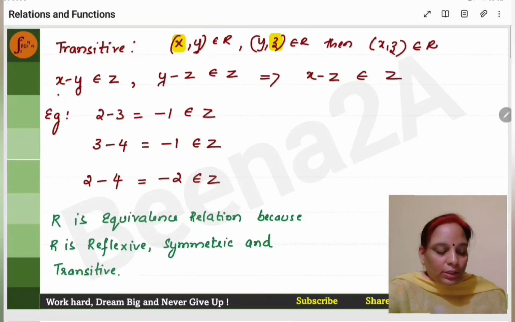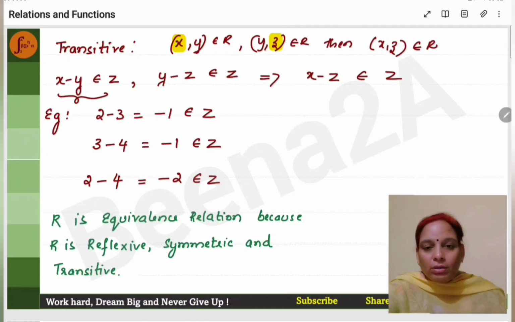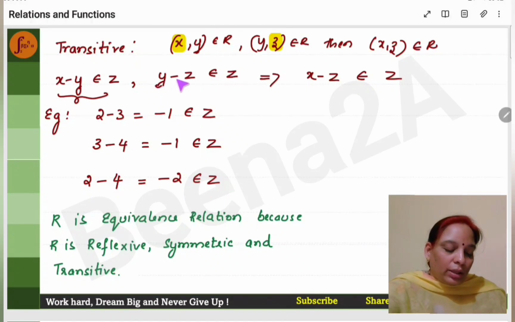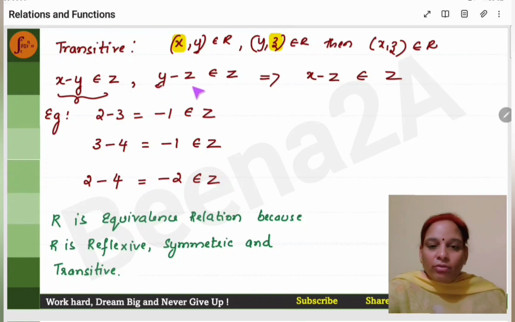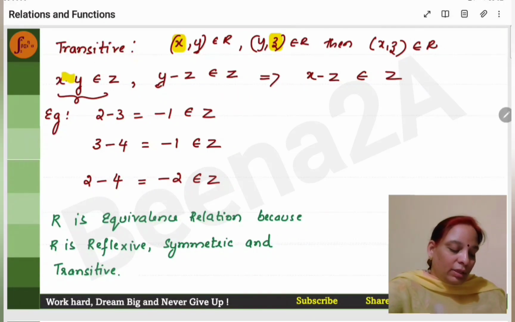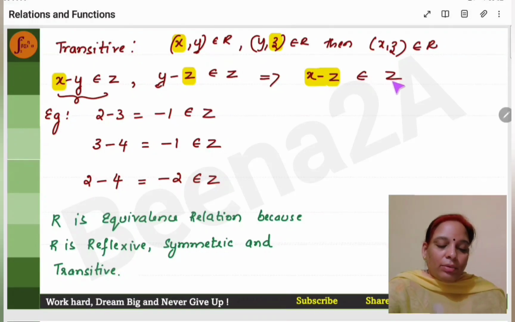What is the relation? x minus y should belong to Z. Now if x minus y belongs to Z, then I'll take the yz combination. Then y minus z belongs to Z, which implies that the first element x and last element z, x minus z, belongs to Z. This is true, right?